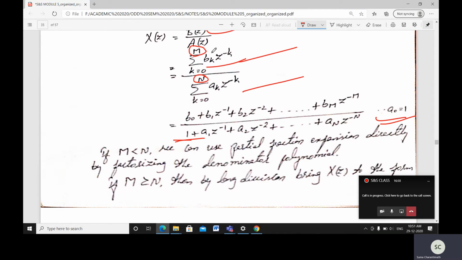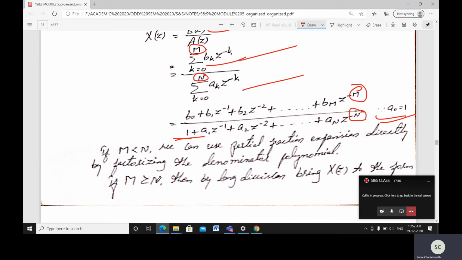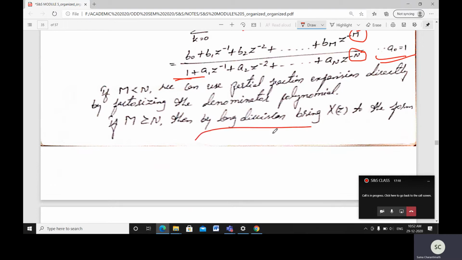If the order of the numerator in z inverse is less than the order of the denominator, then we can use the partial fraction expansion method that we learned in our PU, and directly substitute to get the result. But when m is greater than or equal to n, then we have to go for the long division method.